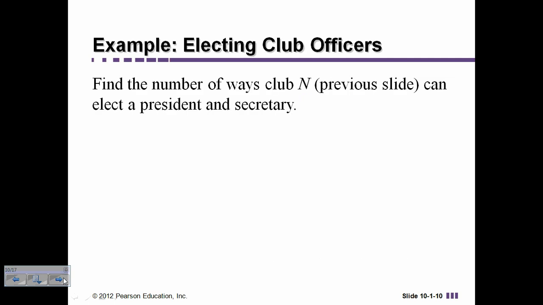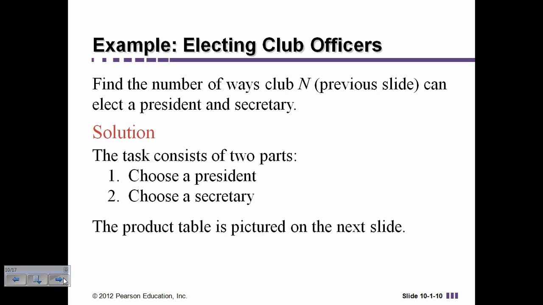Find the number of ways the club can elect a president and a secretary. Remember the club was comprised of the students M, A, T, and H. If I wanted to come up with all the possibilities for the president and the secretary, I could have M be president and A be secretary, or M president and T secretary, or M president and H secretary.